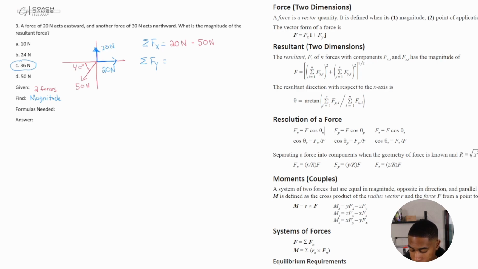Well, if we're looking at the x, we're going to do cosine of the 40 degrees, adjacent. So that would get us 20 minus 50 cosine of 40.